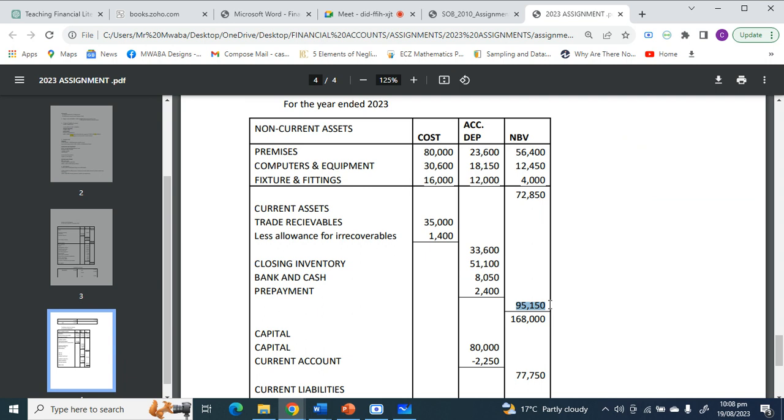Then you add the non-current assets 72,850 plus the current assets 95,150, so that your total assets come to 168,000.